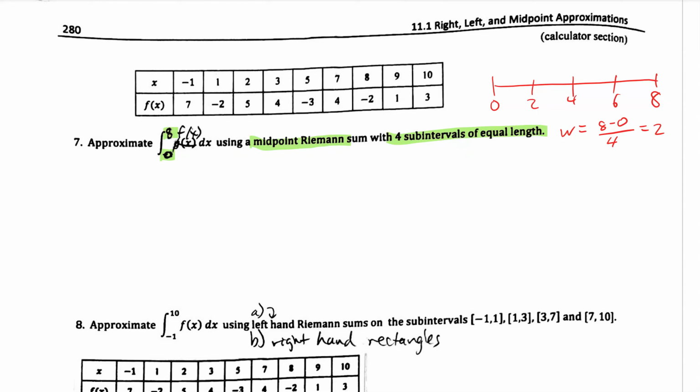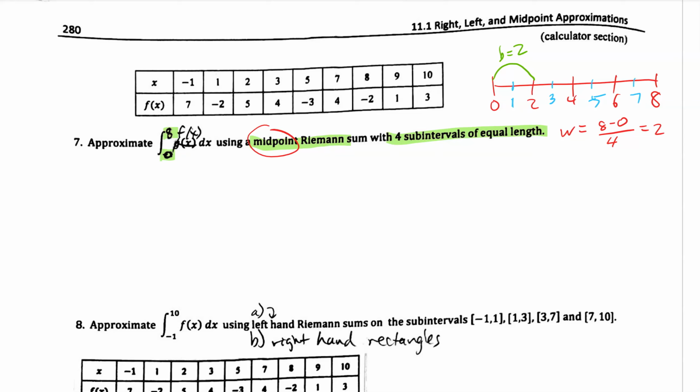However, we're supposed to be doing midpoint Riemann sums, so if we were in between a 0 and a 2, if we're looking here for our base to be 2, then we're going to use a completely different x value. We're going to use 1 to go get the height. And then same thing here, we're going to go use 3, and we're going to go use 5, and we're going to go use a 7.